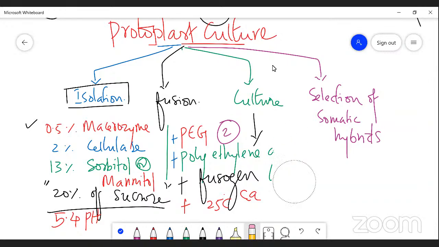The unit of intensity of light is called lux. So the intensity of light is measured in lux.